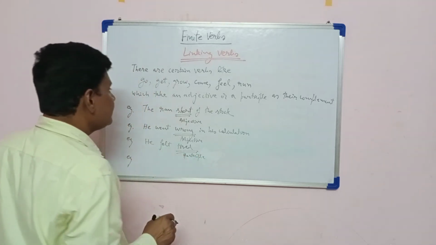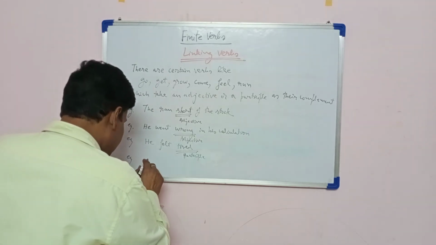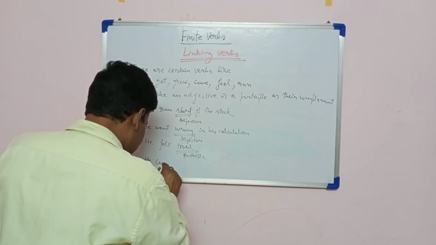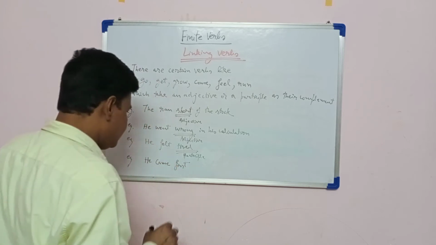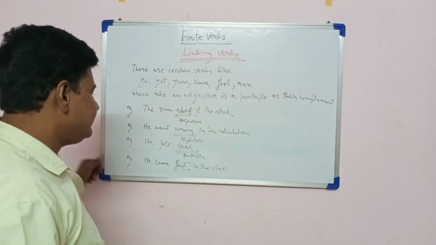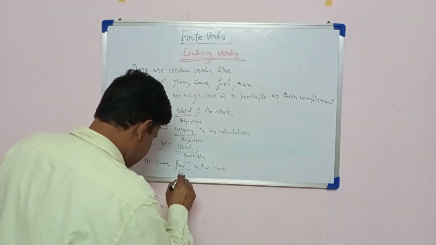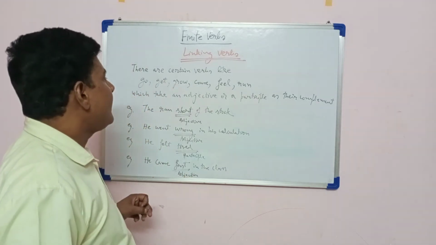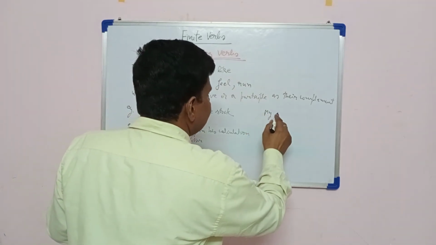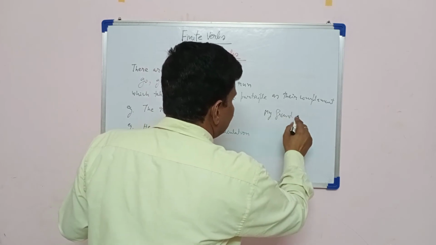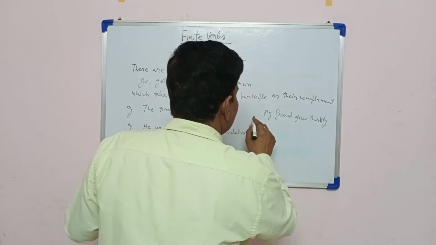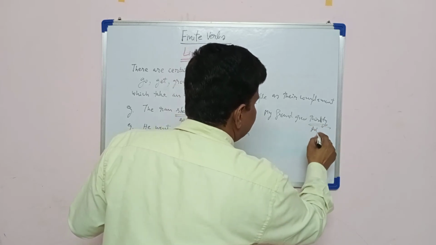Example, he came first in the class. Here first is an adjective. My friend grew thirsty. This is the adjective.